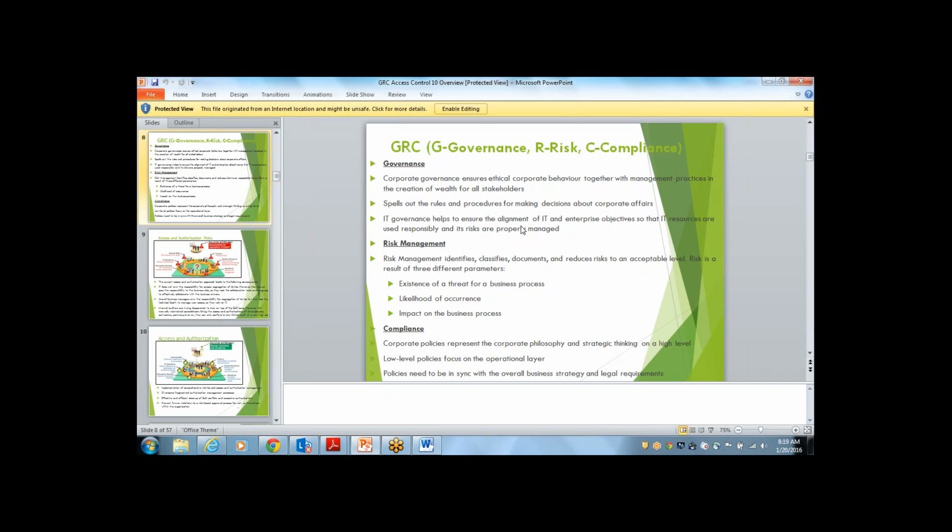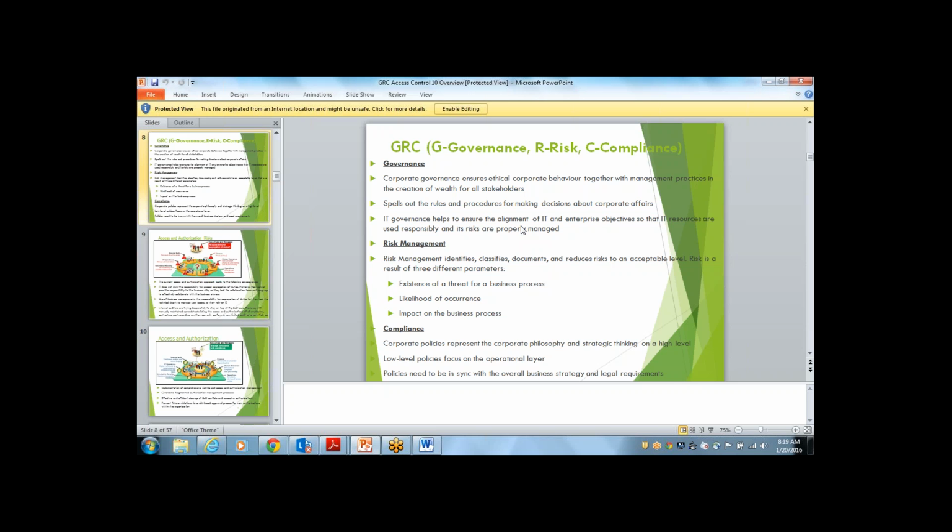Then only you believe that company and invest something. And governance says it should ensure ethical behavior together with management practices in the creation of wealth for all stakeholders. That is called governance. So ruling in a proper way by following all rules and regulations is called governance.